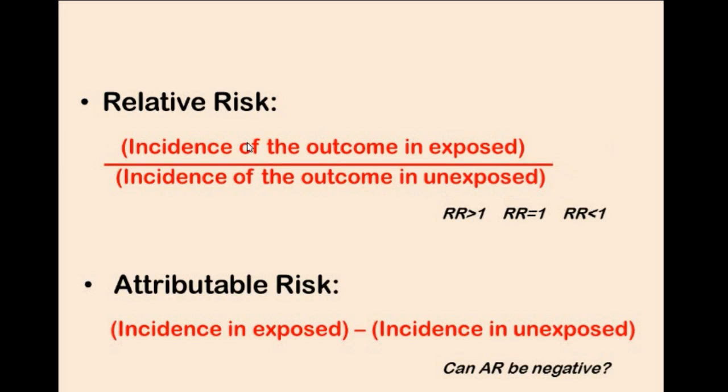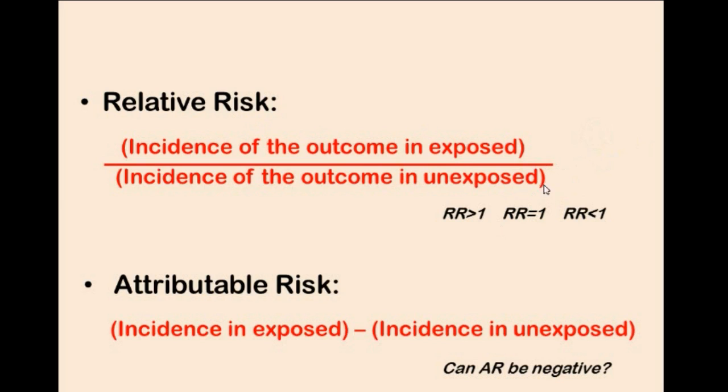So in our study we would say 70 in 100, which was our incidence for lung cancer amongst the smokers, and you divide that by 10 in 100, which is the incidence of lung cancer in the unexposed group. And 70 in 100 is basically 70%, or you can call it 0.7. So let's stick with 0.7, and so it would be 0.7 divided by 0.1. If you calculate that, 0.7 divided by 0.1, we get a relative risk of 7.